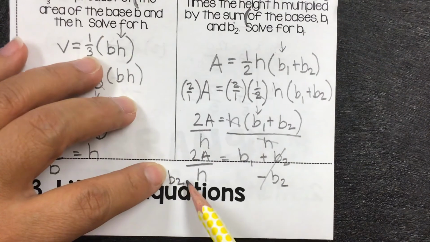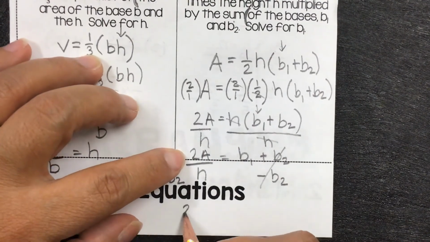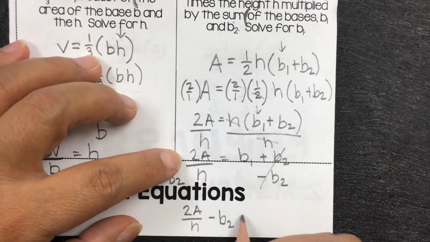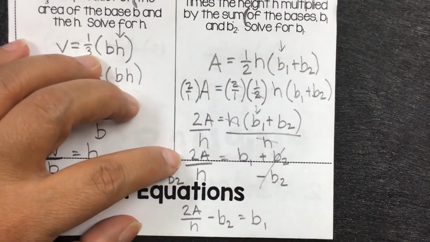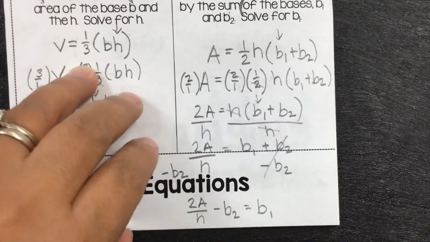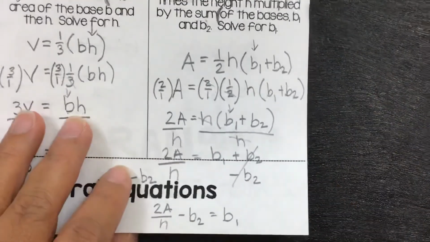These are not like terms, so we can't put them together. We're left with 2a divided by h minus B2 is equal to B1. And that is it.